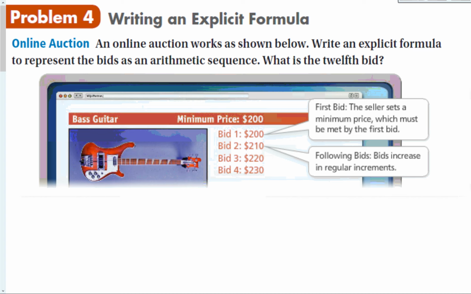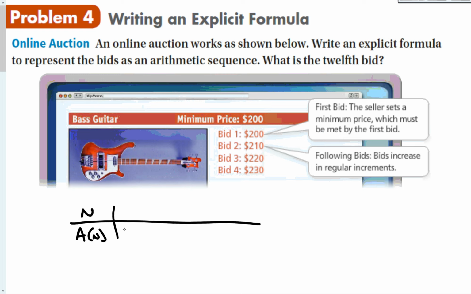So let's try this with this sequence right here with this guy who's buying a guitar. An online auction works as shown below. Write an explicit formula to represent the bids as an arithmetic sequence. What is the 12th bid? So let's make a little table. Here's n, and then we have A of n, the value of n.